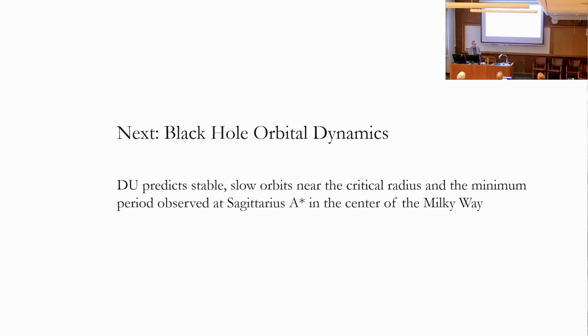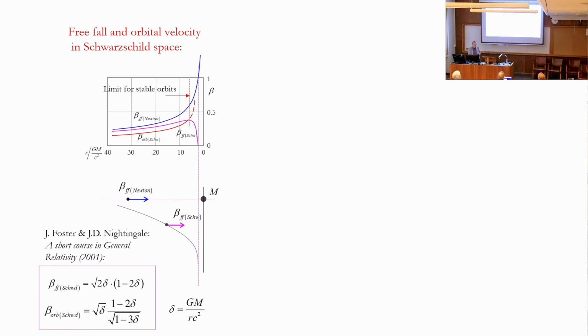Black hole orbital dynamics. When we follow the orbital velocity and escape velocity in the general relativity framework, or Schwarzschild framework, we can find that when we go down close to the critical radius, which is here 1, and the radii we are studying are 10 times the critical radius, 20 times the critical radius.